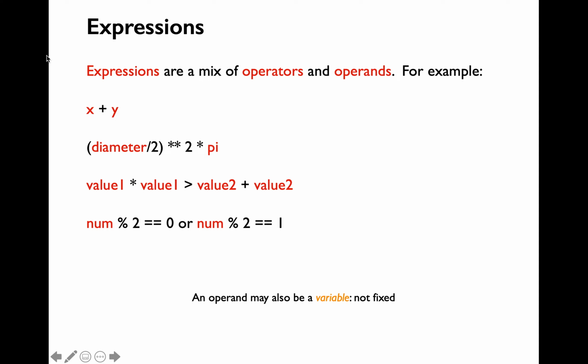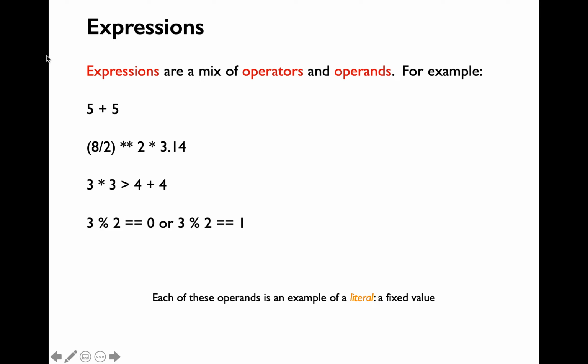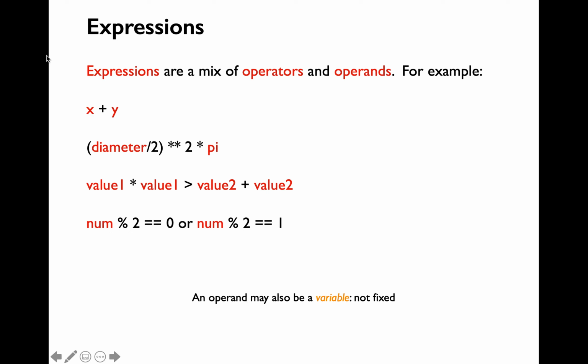In the Python world, you can use more descriptive variable names like diameter, pi, num, count, and so on. So an expression can either be a mix of operators and operands where operands are literals, or it could be a mix of operators and operands where operands can be variables.